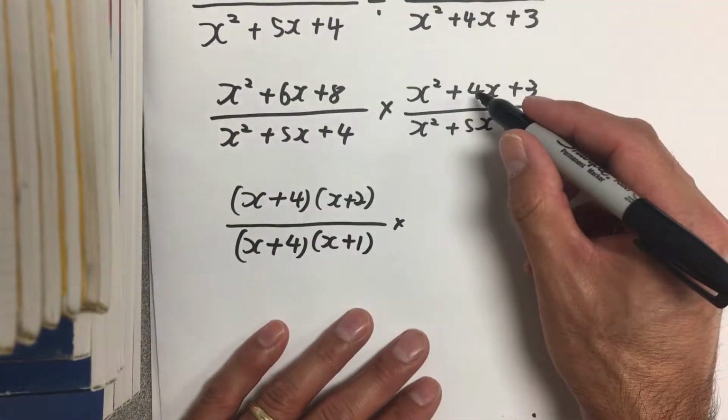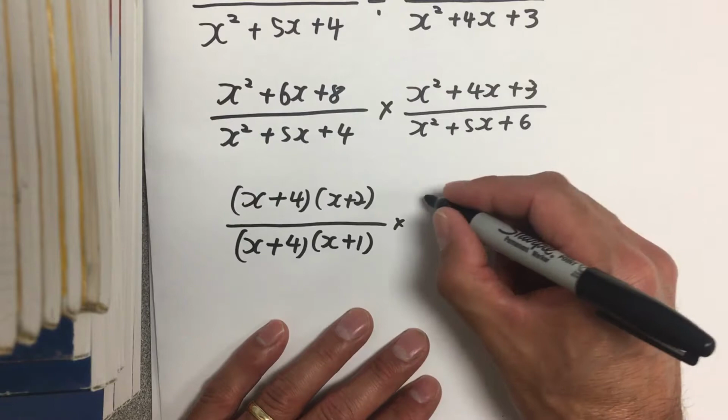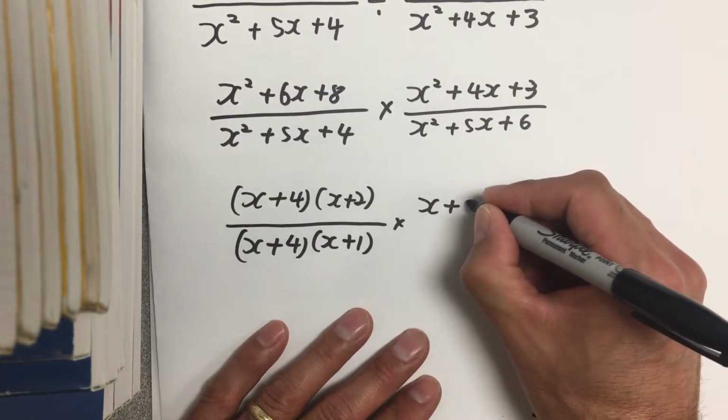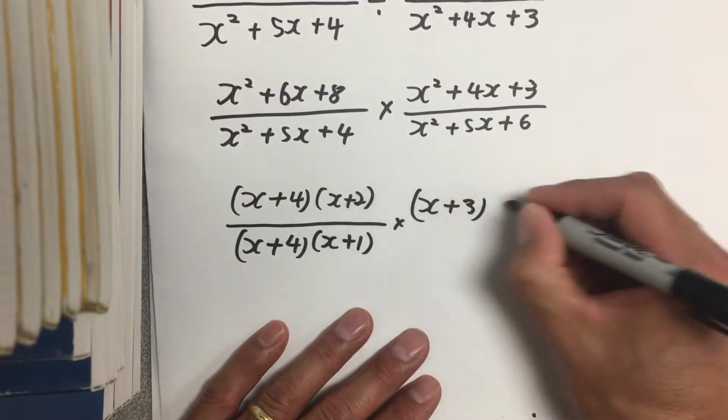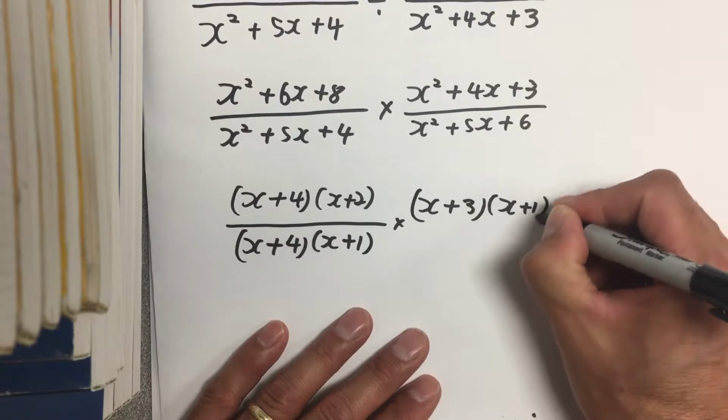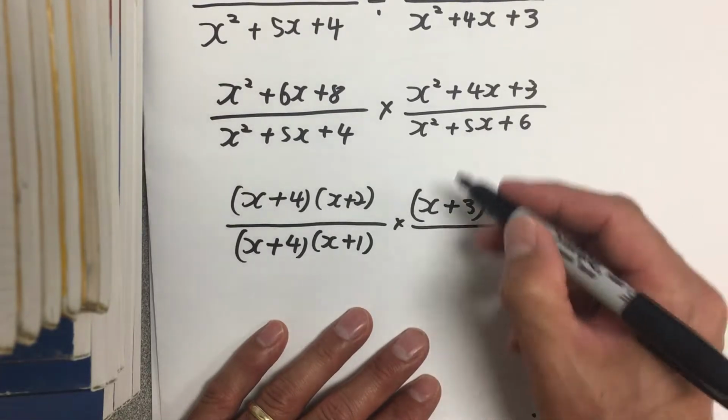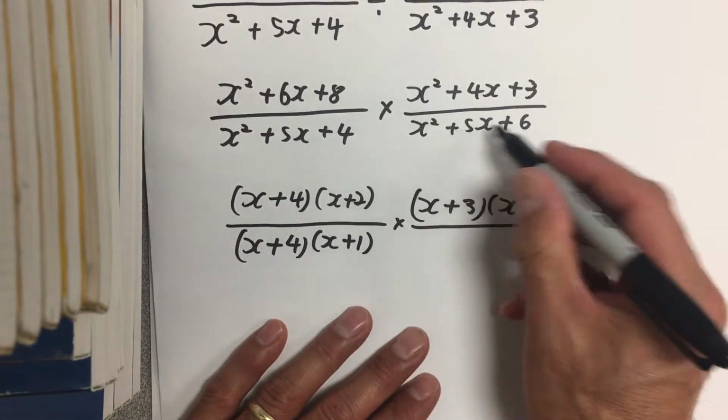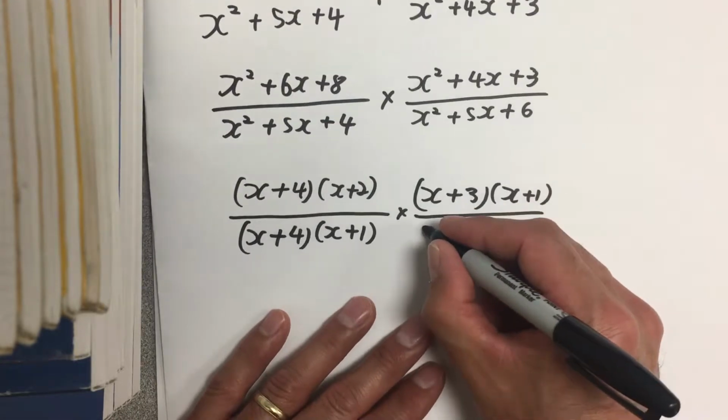Over here, we have to add to 4 and multiply to 3. And over here, we've got to add to 5 and multiply to 6.